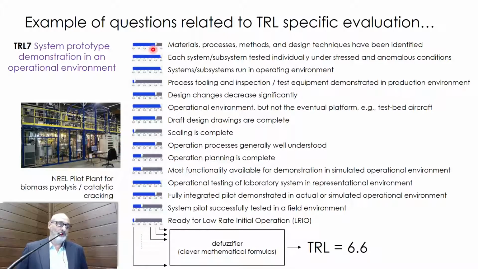And just to show, in this case you can answer not in terms of yes and no, but you can give a percentage, okay? So materials, processes, methods, and so on have been identified. I would say 80%. I don't know if you managed to see the scale, but okay, 80%. Why 80% and not 10%?